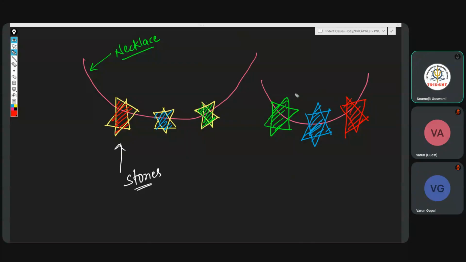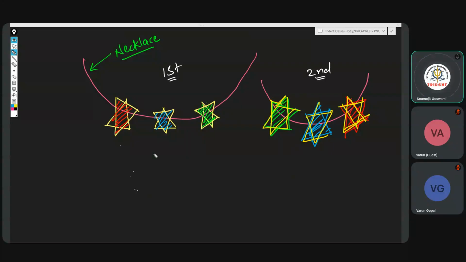All right. Although I should give the boundary lines, just to make things clear. Okay. Now, what about the orientation? First orientation, second orientation.